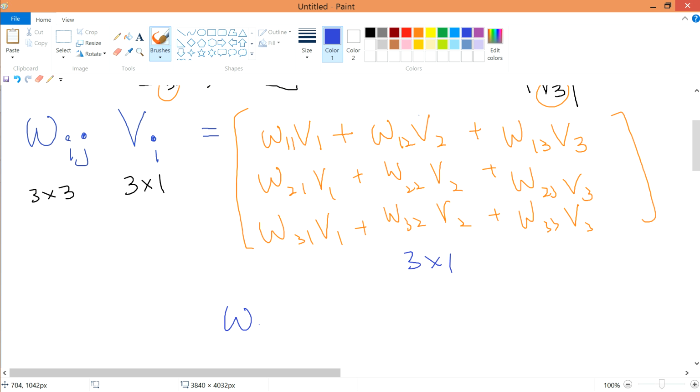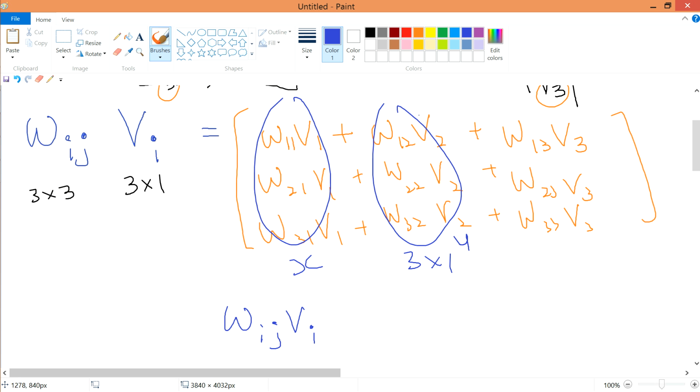So what we can do is write wij vi. Instead of writing everything out, we know that this whole thing is the x-axis, this whole thing is the y-axis, and this whole thing is the z-axis. If you talk about vectors, it's just the same thing. They are just summing up the directions of each one.